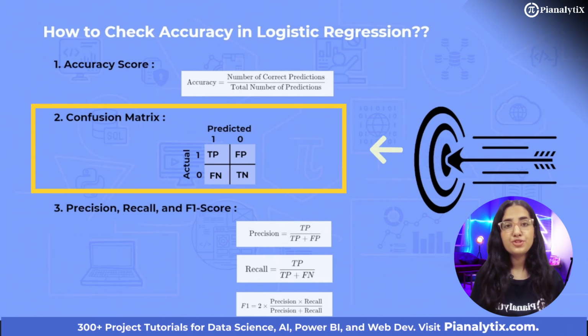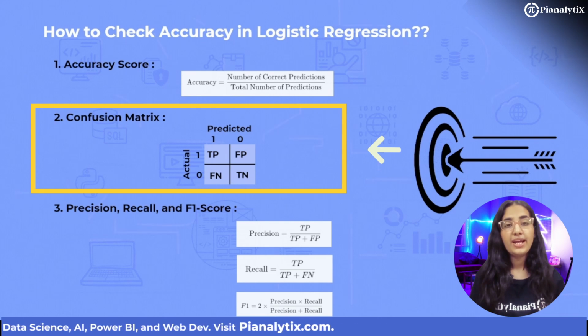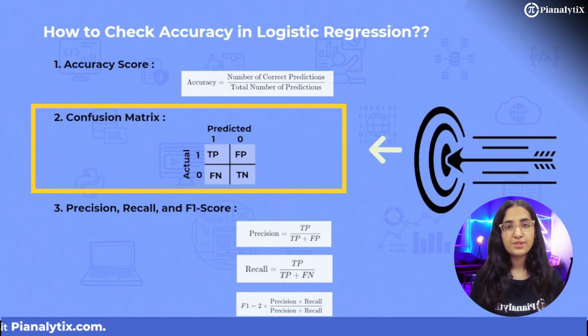Second is the confusion matrix. The confusion matrix gives a detailed breakdown of the model's performance by showing how many instances were correctly or incorrectly classified for each class. It has 4 components. First, true positive: the model correctly predicts 1, the positive class.